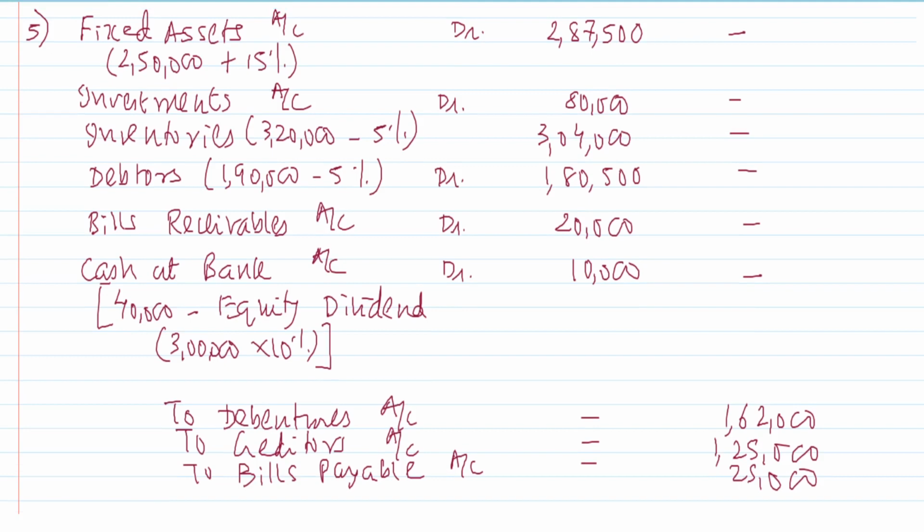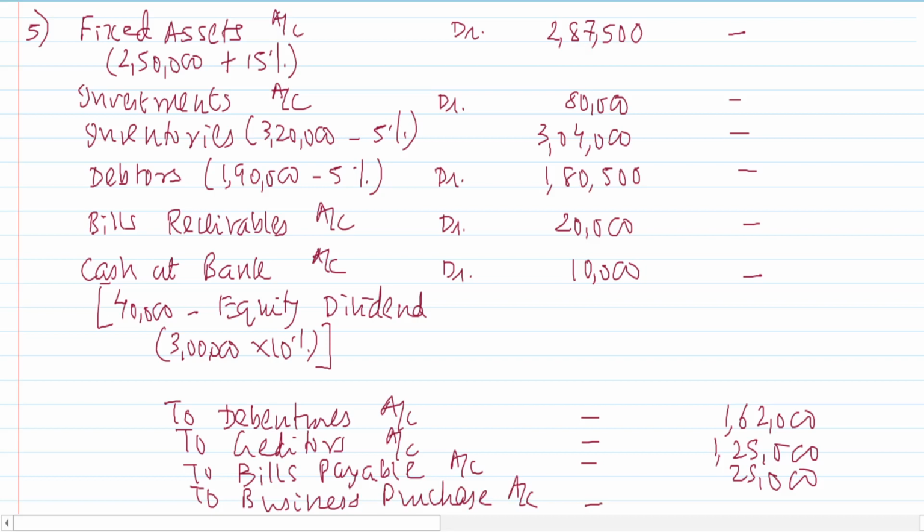To business purchase account, by the purchase consideration, 4,90,000, right?